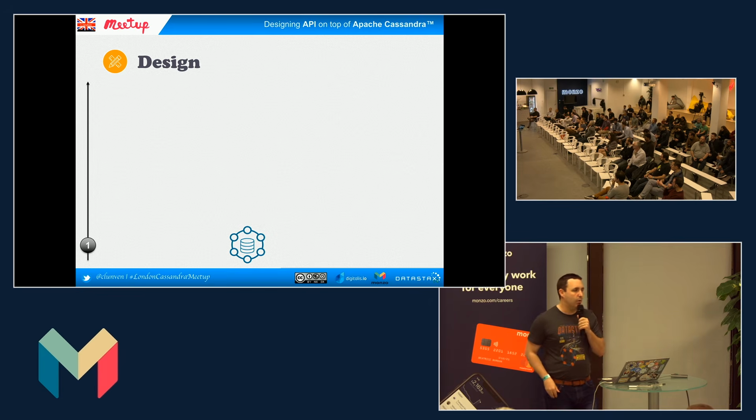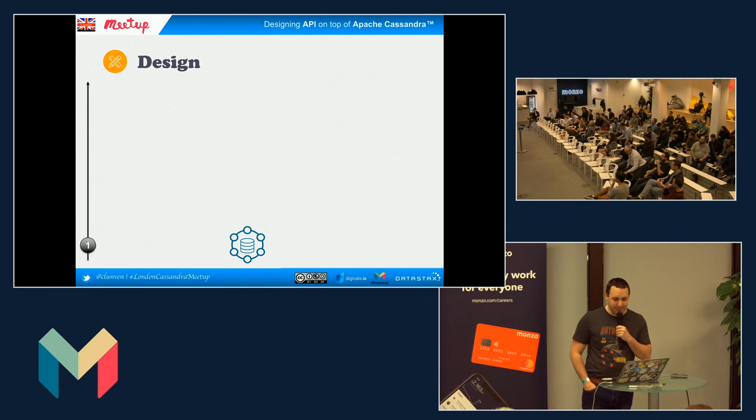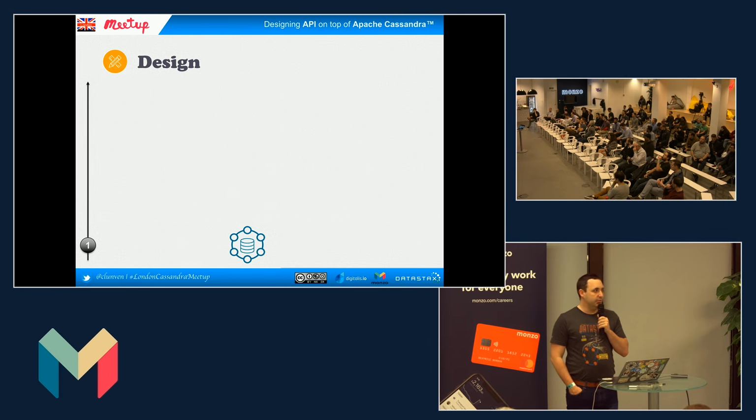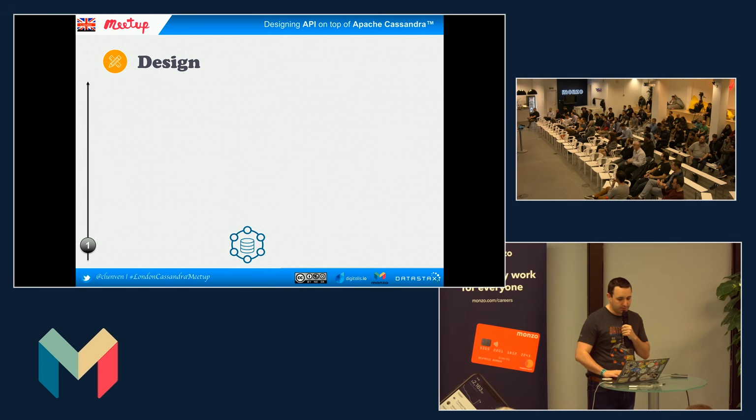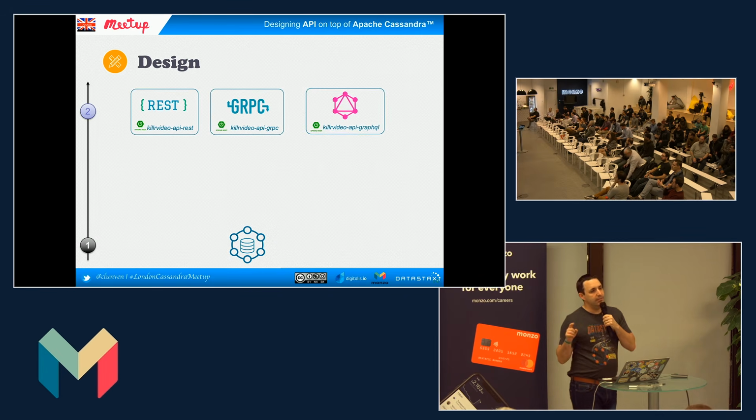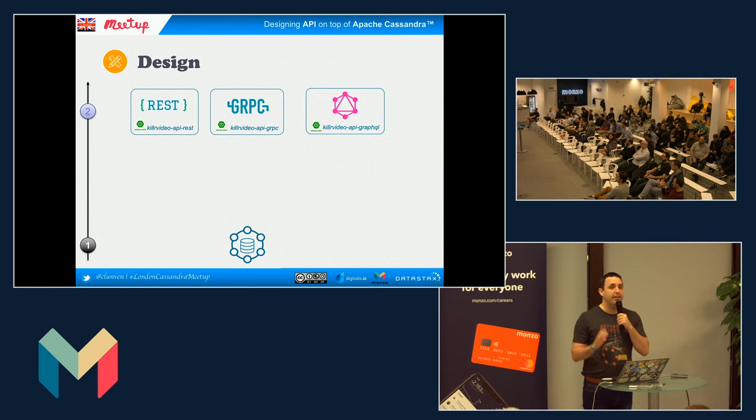No, always start with the data model. Create your good tables, partition key, clustering column, know your stuff. It's always the data model first, and only then we will figure out how to implement the API using those 3 technologies.